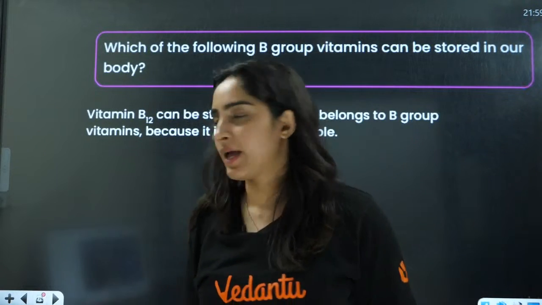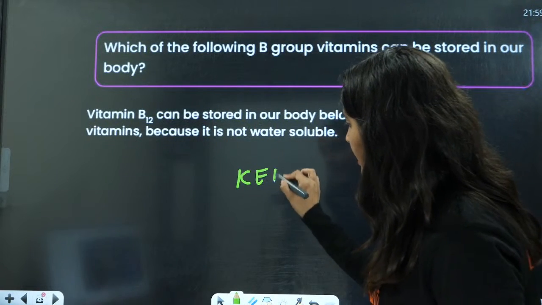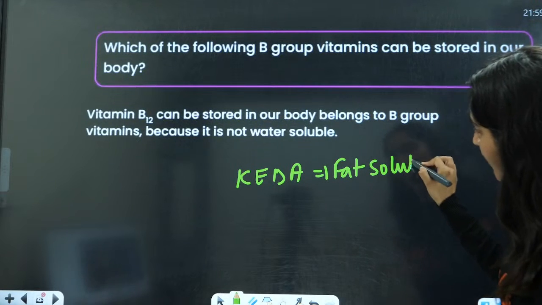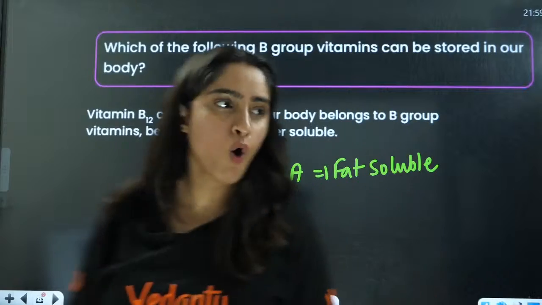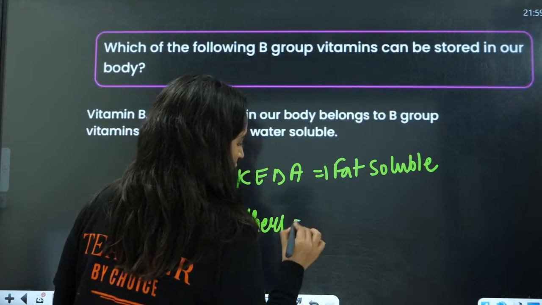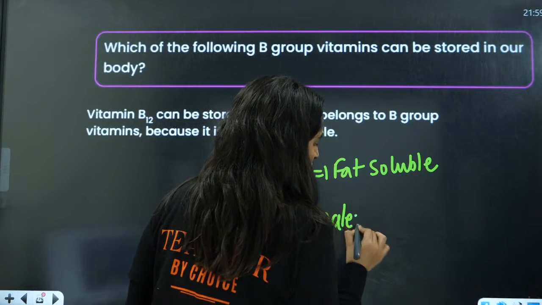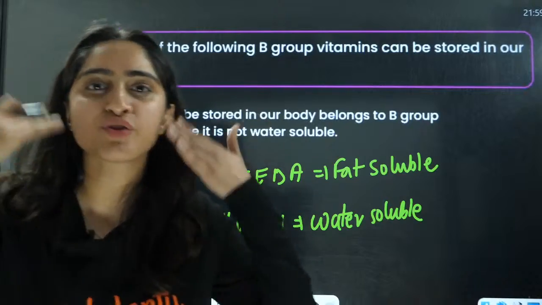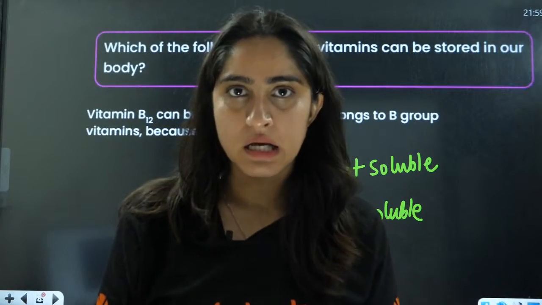Vitamin K is fat soluble, all others are water soluble. Water soluble means that they will be excreted out through urination, right?